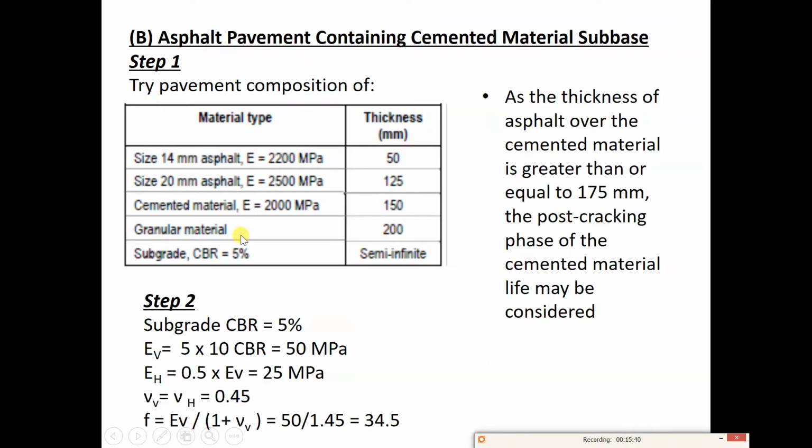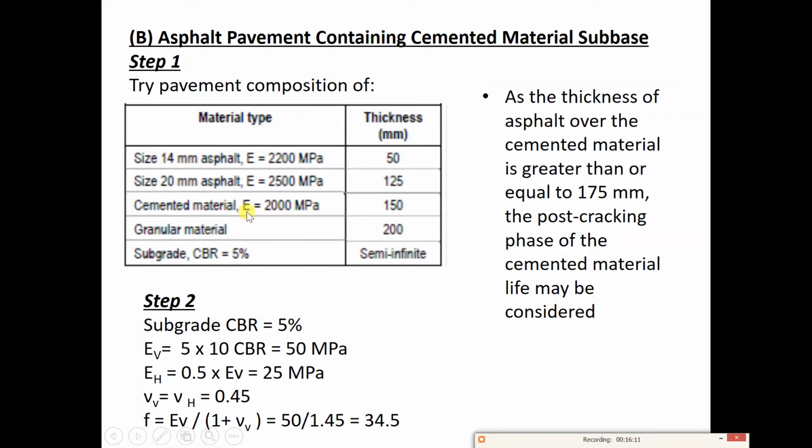Next, we're going to look at the asphalt pavement containing a cemented materials subbase. So we try this pavement composition. The top two layers are the 14 mm asphalt, E equal to 2200 MPa, and the second layer is 20 mm asphalt, E equal to 2500 MPa.